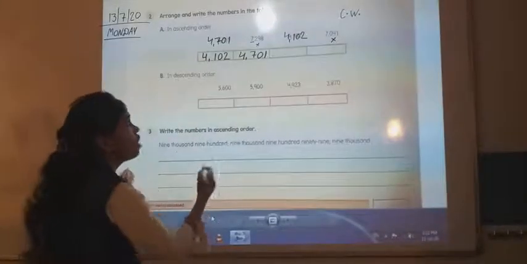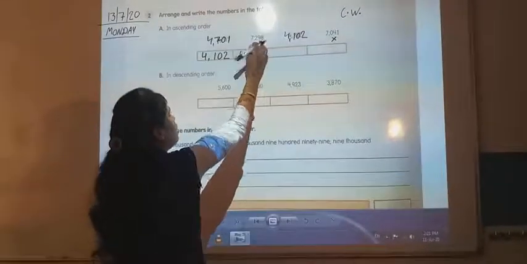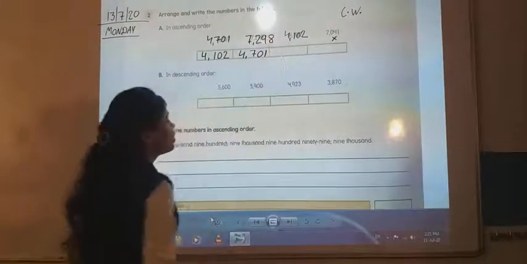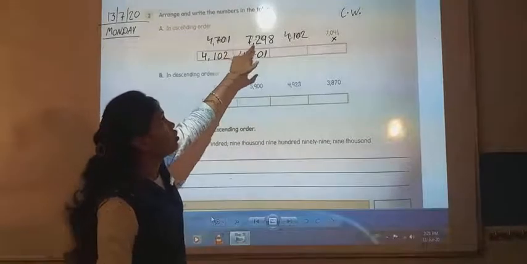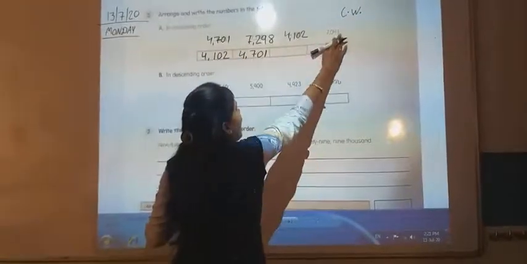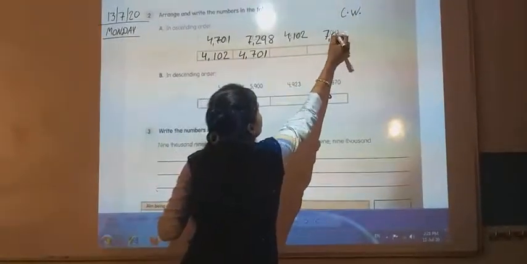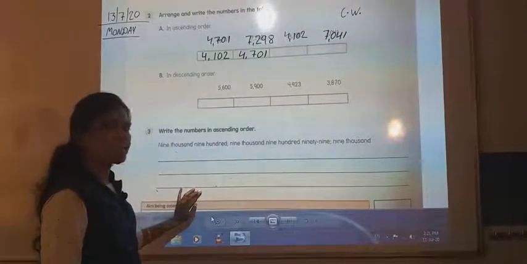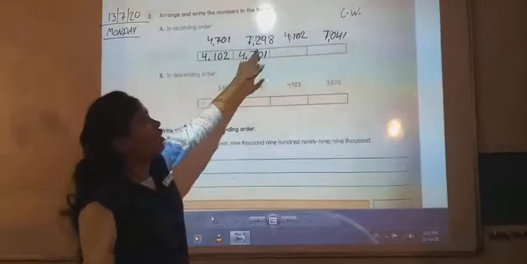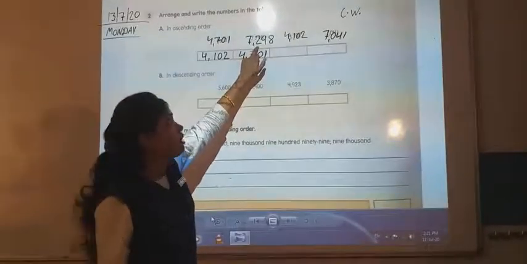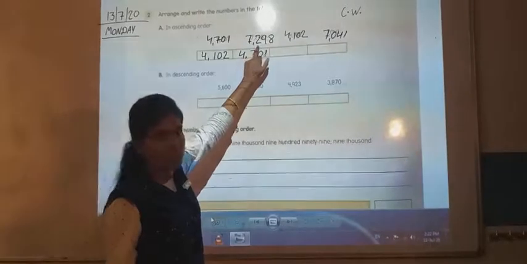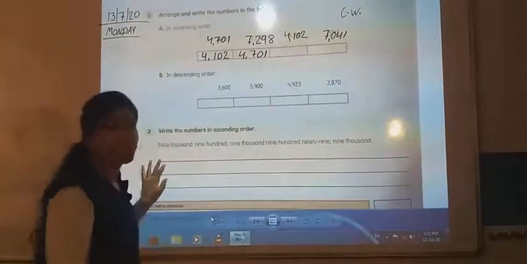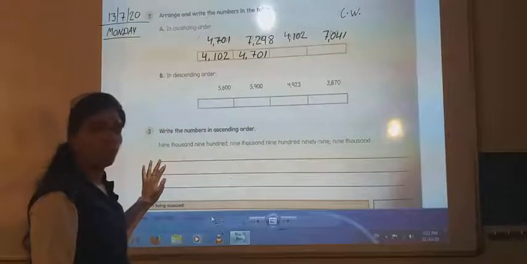Now come on, next we have 2 more numbers here. The first number is 7298 and the last number is 7041. Again we compare. Now come on to the hundreds place. We have 2 in the hundreds place and in the other number we have 0.